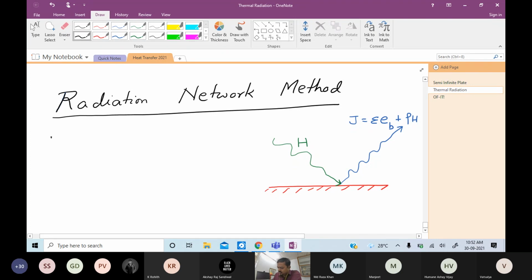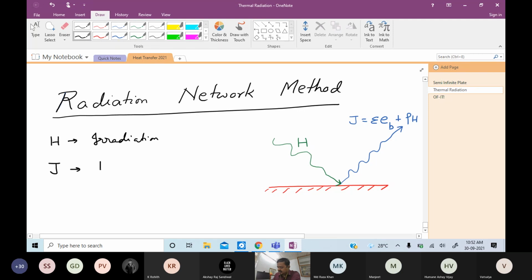So therefore, H is irradiation, which is the total radiation flux incident on the surface.